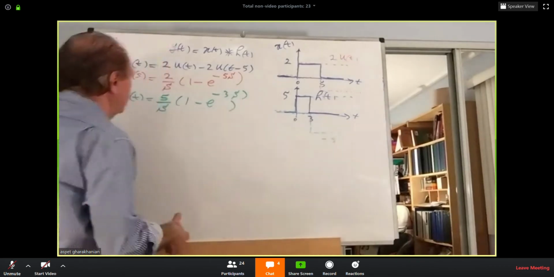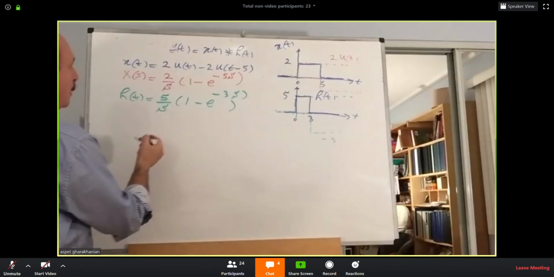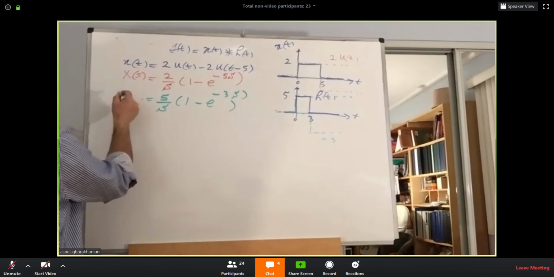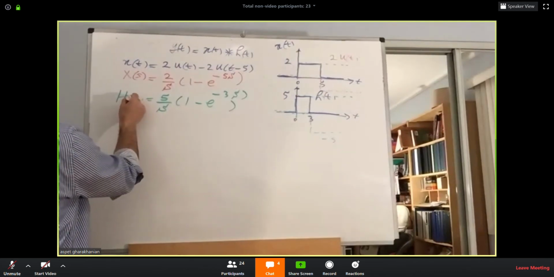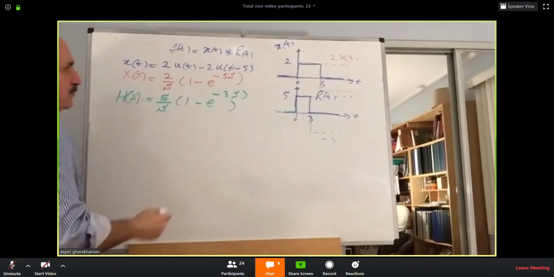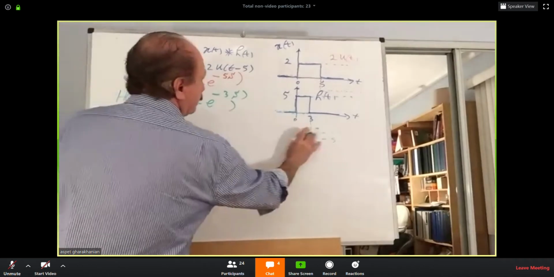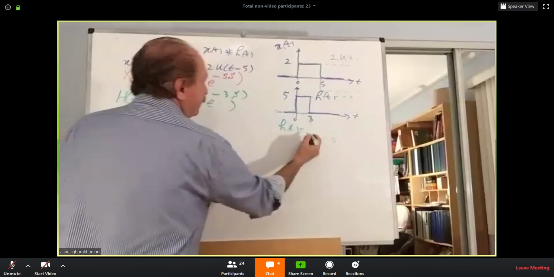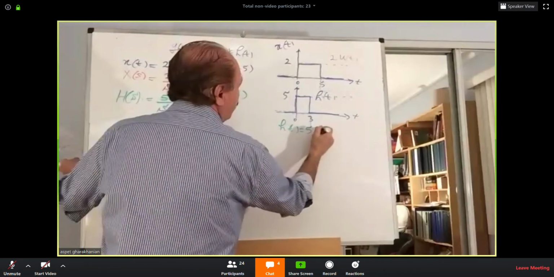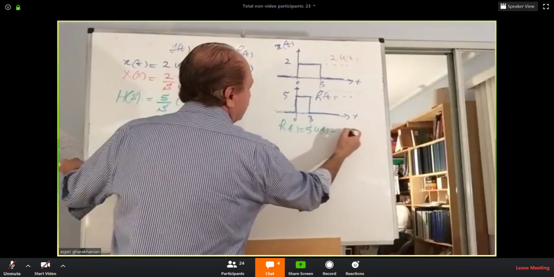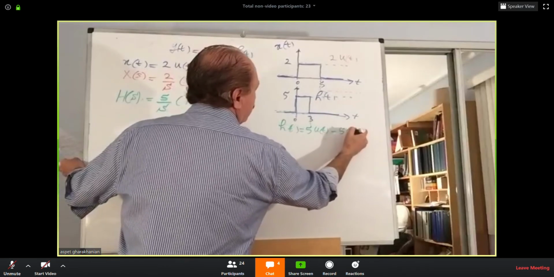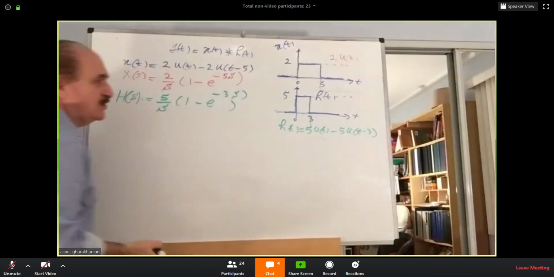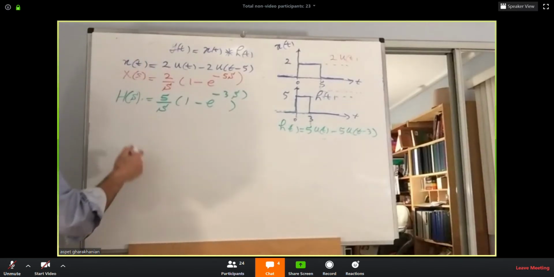Check that one out. Now this is the big H of s, because h of t is 5u(t) minus 5u(t minus 3). That's the mathematical statement in the time domain, and this is the s domain.